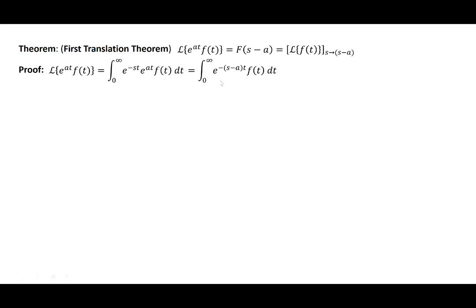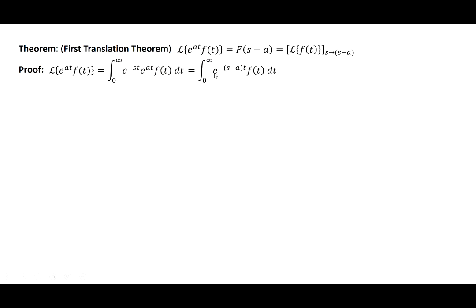And if I were to say, now pay attention, that this is nothing but F of s minus a, would you agree with that? What? Check this out. If we have Laplace of f of t, is that F of s? What is Laplace of f of t? The integral of e to the negative st times f of t dt.